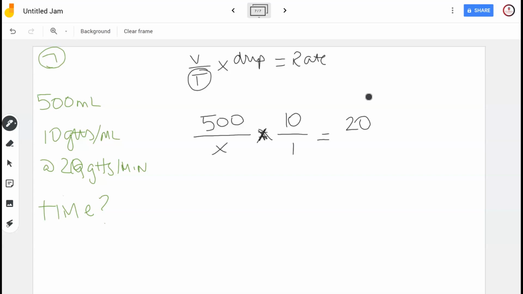So this becomes 5,000 over X equals 20 over 1.